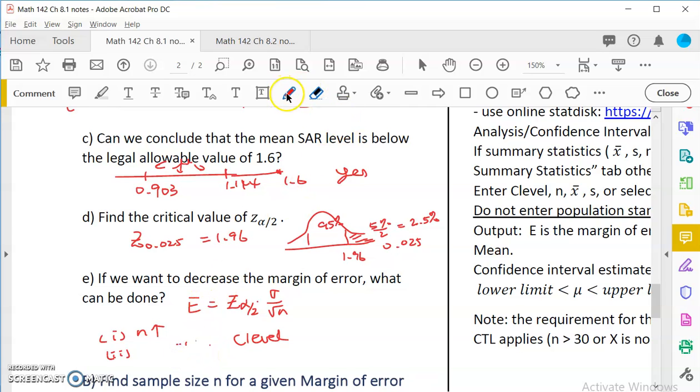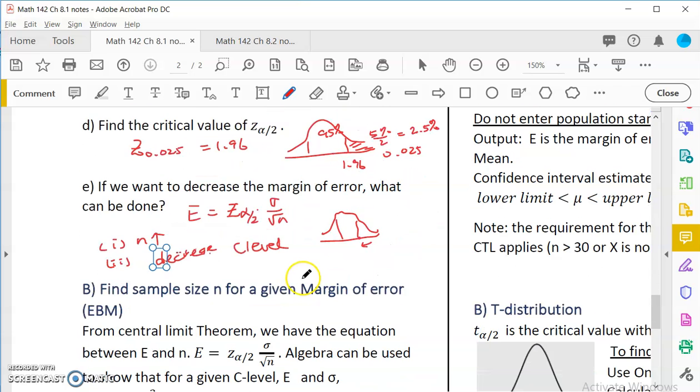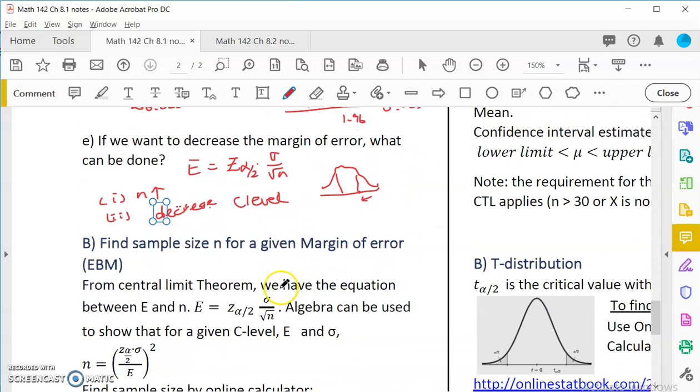Otherwise you will have a bigger margin of error. So I should decrease the confidence level, so the critical value goes to a smaller number. Smaller number means smaller E. So decrease the confidence level. Instead of 95%, you can say 90%.